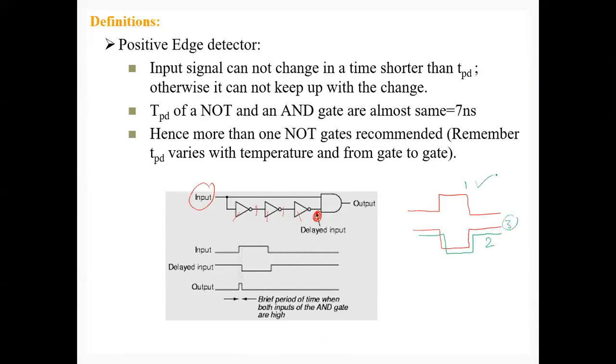Why is this happening? Why is there delay here? I call it delay because the change should have occurred at this time. Instead, the change occurred here after some time. That's why we call it delay. This is called delayed input.